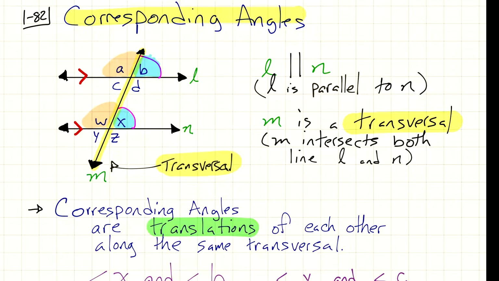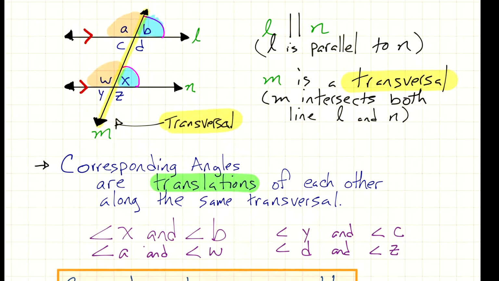A and W are the same. We can do this with all the other angles as well. Angle C should correspond with angle Y, and angle D might correspond with angle Z.